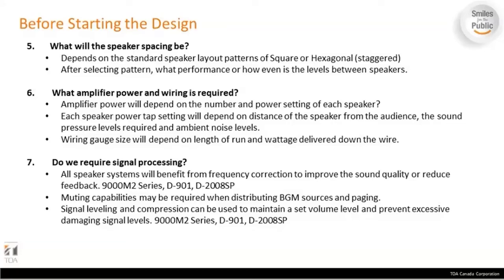So muting capabilities for BGM and paging are very important when you are designing a system. Also, signal leveling and compression can be used to maintain a volume level up and down and prevent excessive damaging signal levels. So yes, our 9000 M2, D901, D2008 signal processors are all capable of doing all of these functionalities.